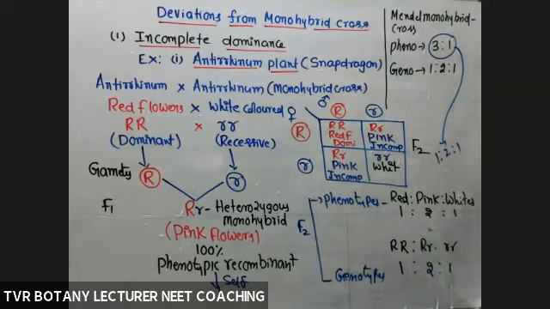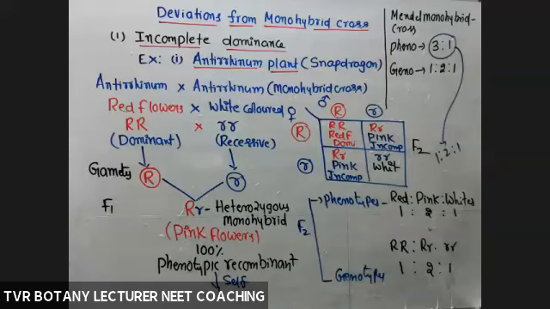Okay, so in Antirrhinum plant, the phenotypic ratio is 1:2:1 against 3:1 of typical monohybrid cross in Pisum conducted by Mendel. 3:1 or not?